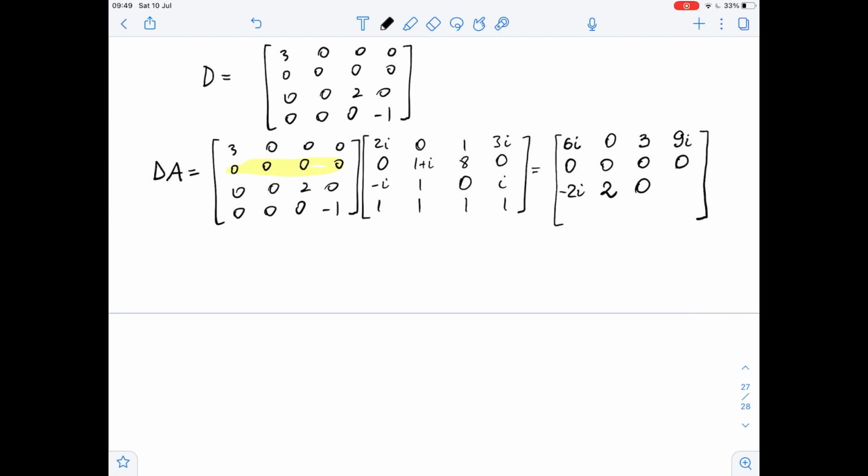And here we get 0 times 3i plus 0 times 0 plus 2 times i, so 2i, plus 0 times 1. Well, and in our last row, we get 0 plus 0 plus 0 plus -1, then 0 plus -1, -1, -1. So all entries of the last row are -1.